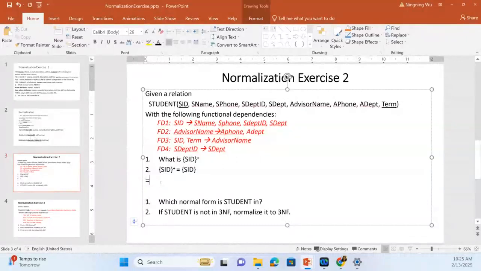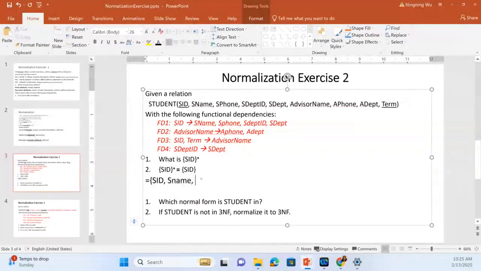Okay. So we apply SID determines S name, S phone, SDPT ID and SDPT. So based on this functional dependency, we know that SID will determine all the other dependent attributes.